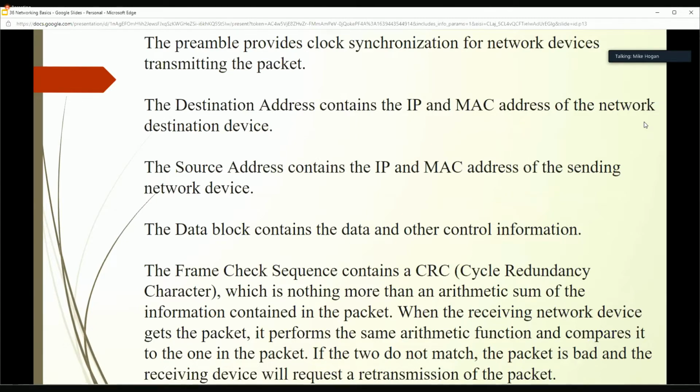And you can see a little bit about what each area does. A preamble provides clock synchronization for the network devices transmitting the packet, so that things are synchronized. We have the destination address, both IP and MAC, the source address, IP and MAC, and then beyond the data, the FCS, which is the function to make sure that the packet received matches the packet that was sent.